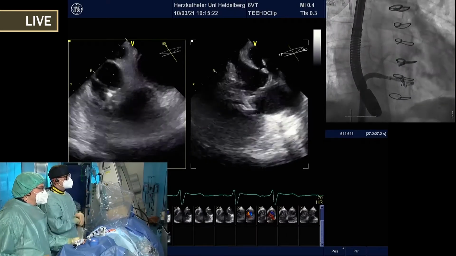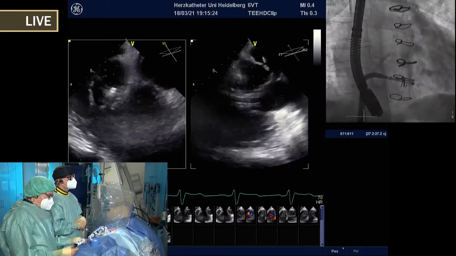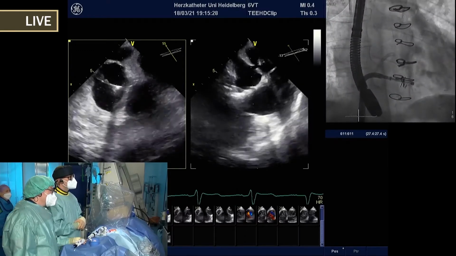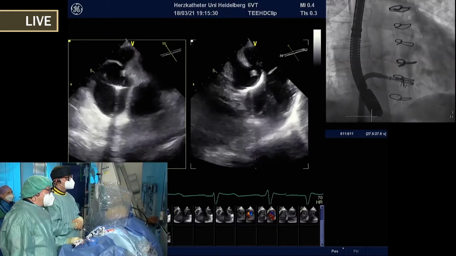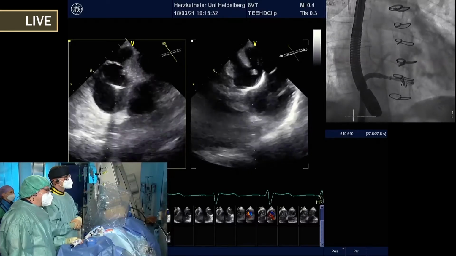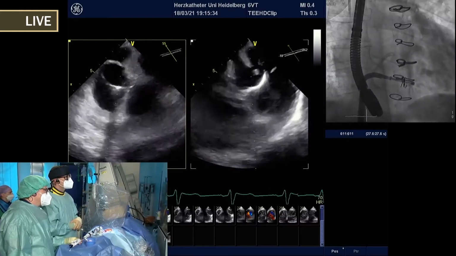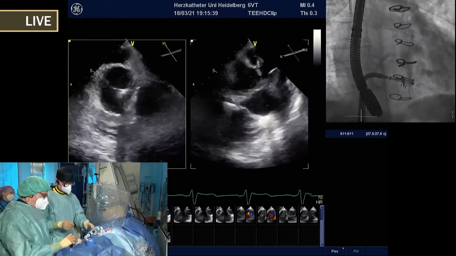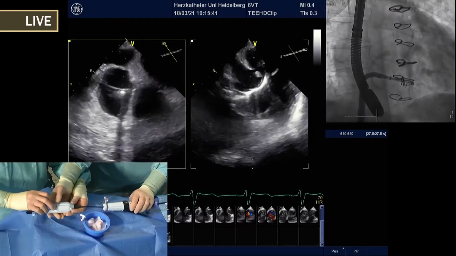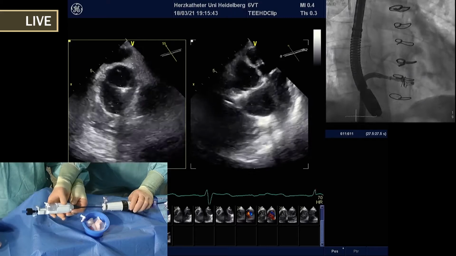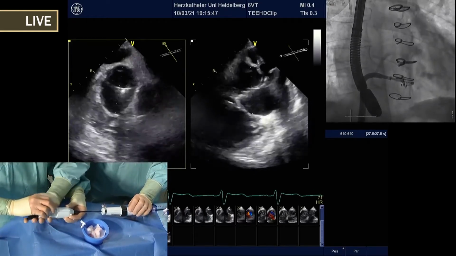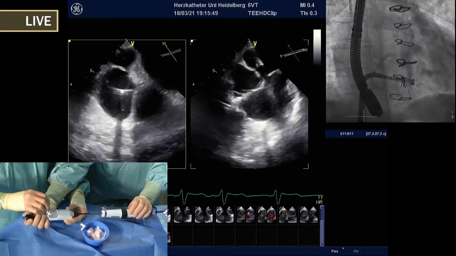So when we get a good image in the mid-esophageal inflow-outflow here, we can try to do an optimization of the anterior leaflet. So there we get some good image. So we remember this one is the anterior. So I will move a little bit anterior. I will close the device slightly.